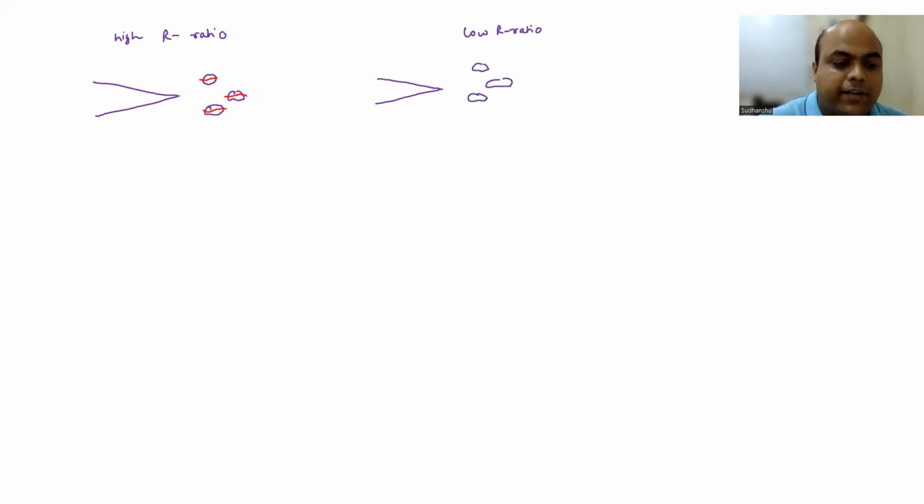So your crack is going to bypass. So it is going to behave something like this. Okay. So here predominantly particle fracture, and here crack deflection or bypassing the particles.